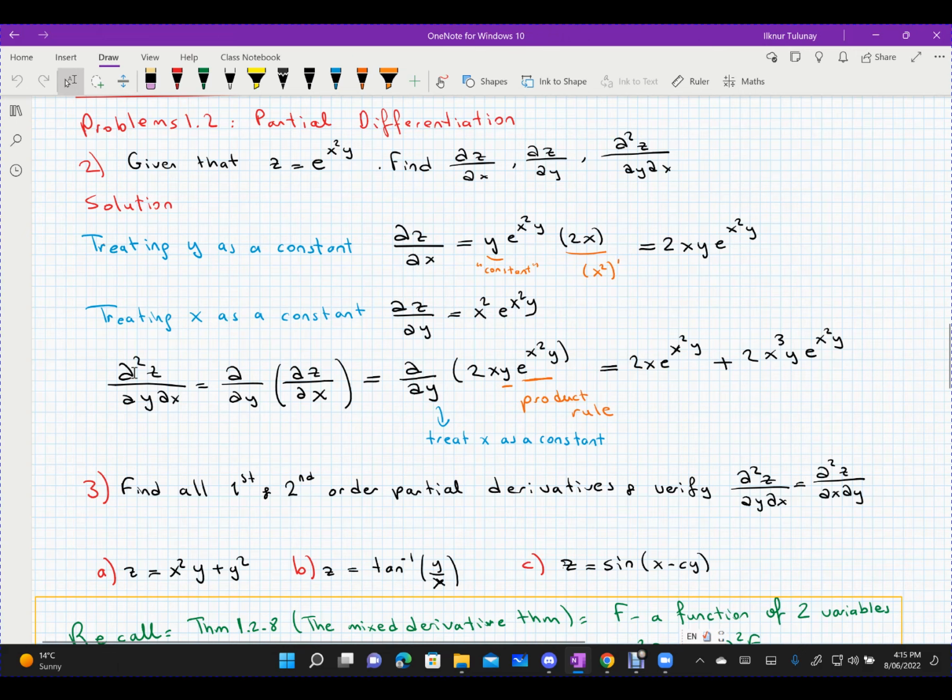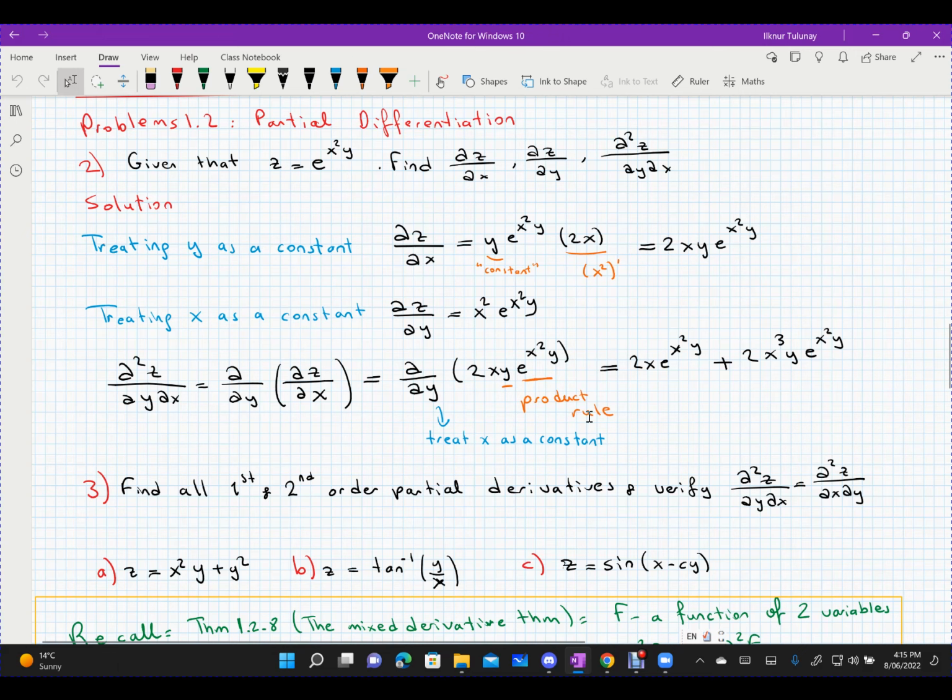Now, if you want to differentiate with respect to d y d x, so dy is first, and here we apply it to dz dx. dz dx we calculated: 2xy e^(x squared y). Substitute in. Now we want to differentiate this with respect to y. So we will treat x as a constant. We have y here and we have y here, so this is like a product of two functions in y.